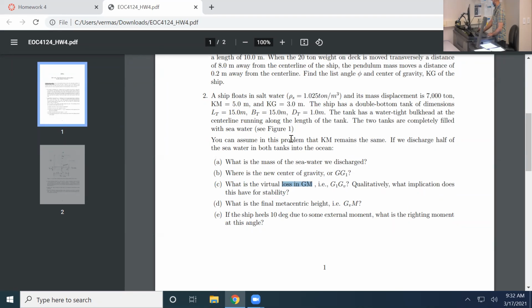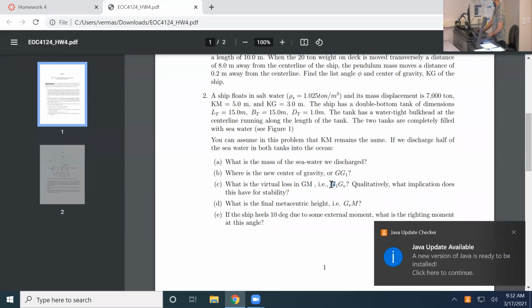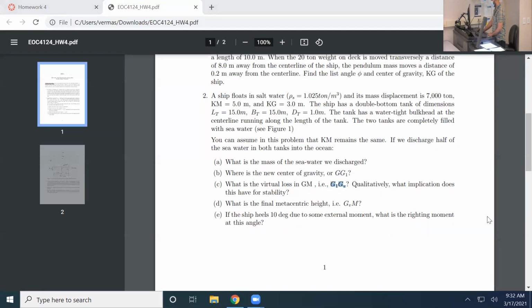If we discharge the tank, there will be a free surface, which will lead to a loss in GM. That's the loss, G1 GV. GV is the new location. You can call it G2 or anything else. That's what I did. I called it G2 and figured it all out like that.